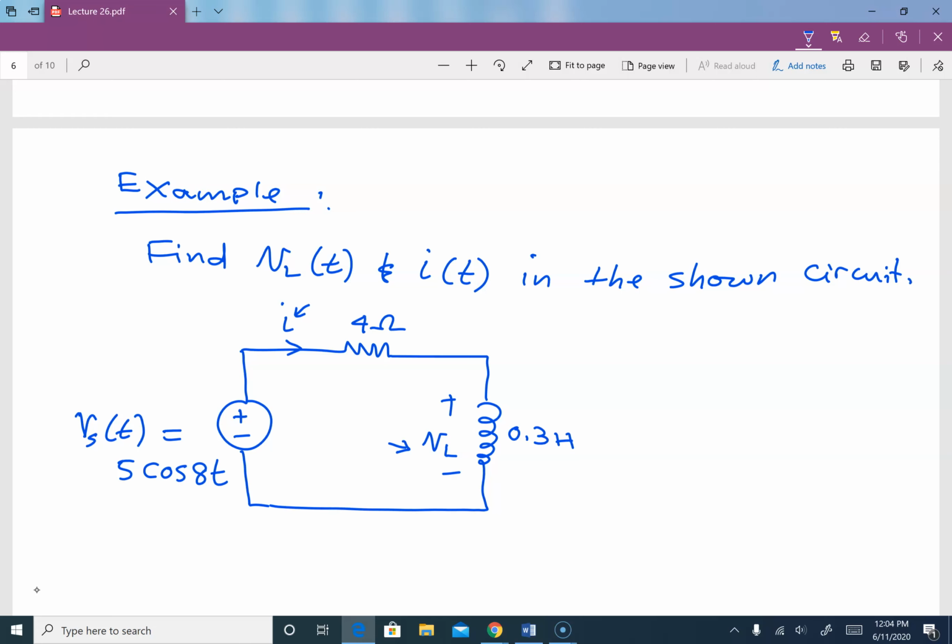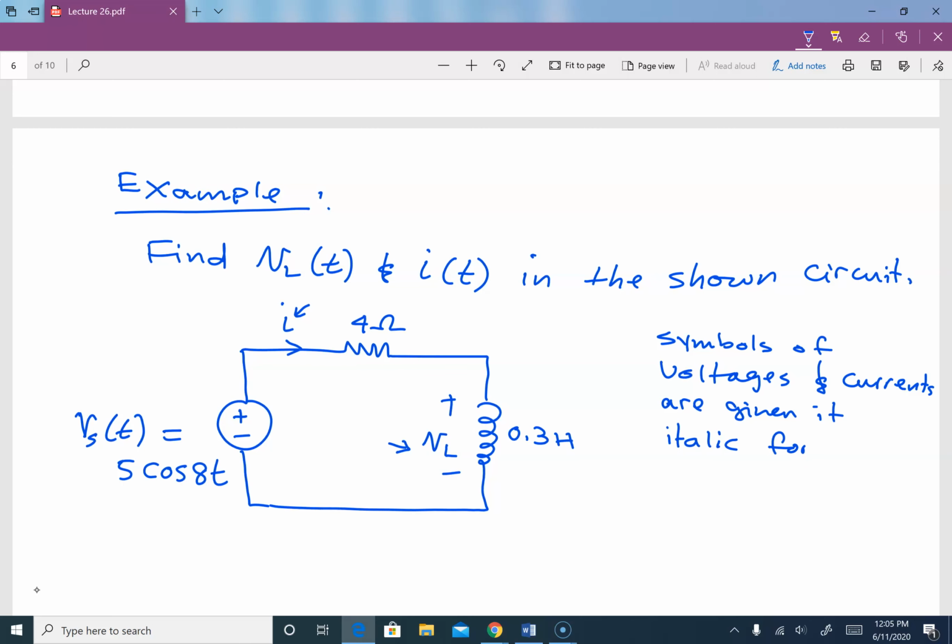So when we have these values in italic, when the symbols of voltages and currents are given in italic format, that means we are talking about time domain.